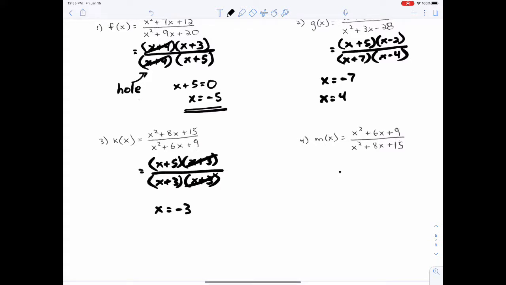Okay, in this case, we have x plus 3 times x plus 3 all over x plus 3 times x plus 5. These cancel, and the x plus 3 goes away entirely out of the denominator.